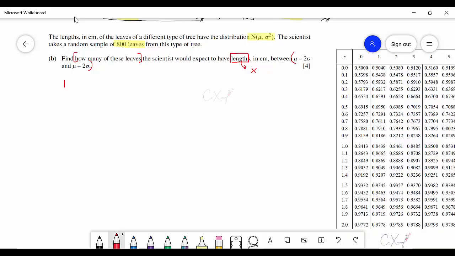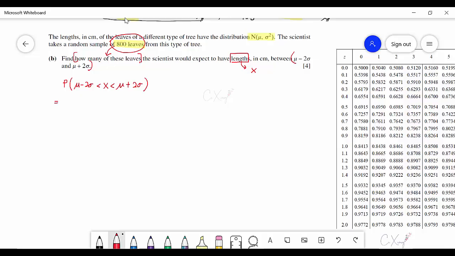We are interested to know the probability for the leaf with length between mu minus 2 sigma and mu plus 2 sigma. After I find out the probability, then I will multiply it with 800 to know how many leaf belong to this length range. Okay, so let us start.